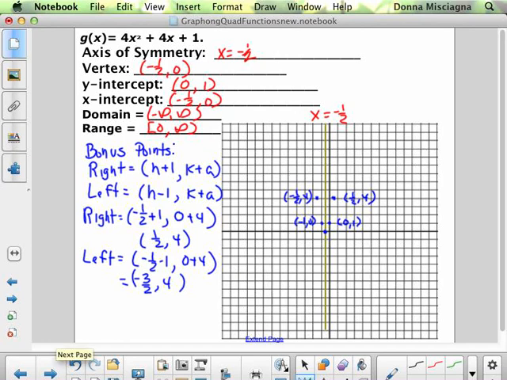That very first point, if I go 1 to the right or 1 to the left, I am going to go up exactly the same value as A is. Different than our 0, 1 and negative 1, 0 here, because I only went up a half. But those are 2 points that we had. So now, instead of just having 3 points, we have 5 points.